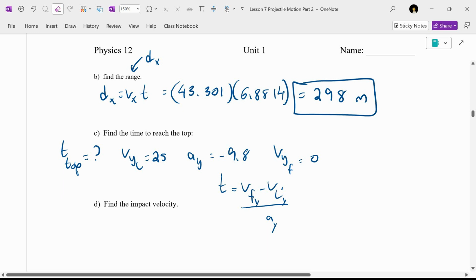I'll put Y's next to everything, make sure I pick the right values. Otherwise it might be easy to put the slanty one in here, saying, well, that's the initial, isn't it? So it's going to be 0 minus, was it 25? Divided by negative 9.8.